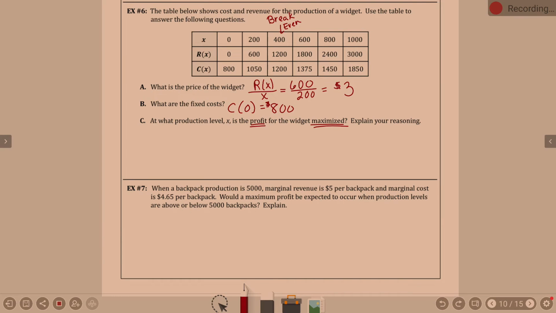Now, I'm trying to look at how I did this, and I think I just kind of eyeballed it. Because if you look at it, when does profit happen? Profit happens when you take your revenue and subtract your cost, yes?